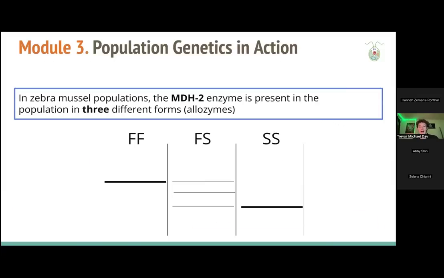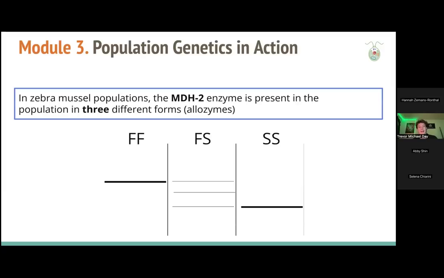So it's my understanding that you actually were able to perform this experiment in your labs, which is a very cool experiment to perform. Essentially, you were taking advantage of the fact that this enzyme, the MDH2 enzyme, is present in 3 different forms or allozymes within the population you were studying.